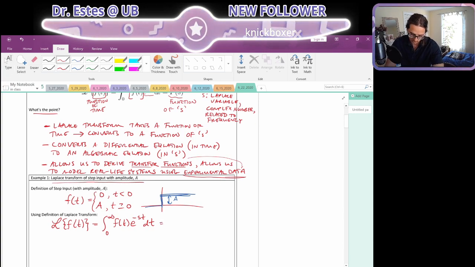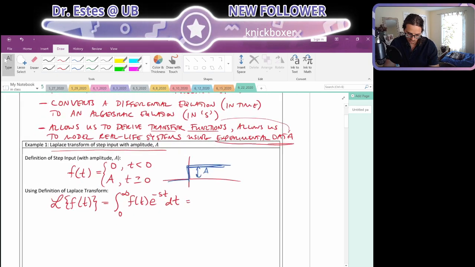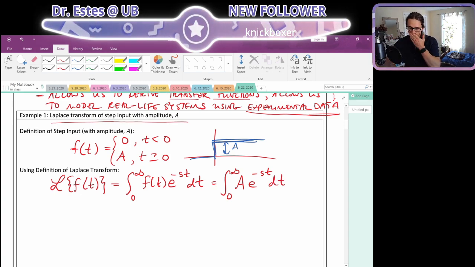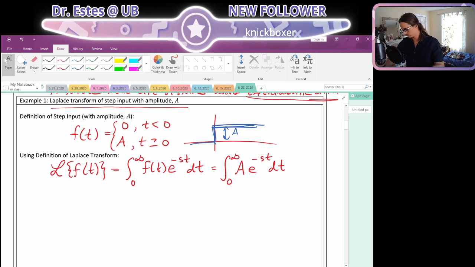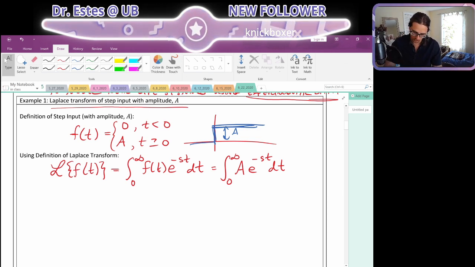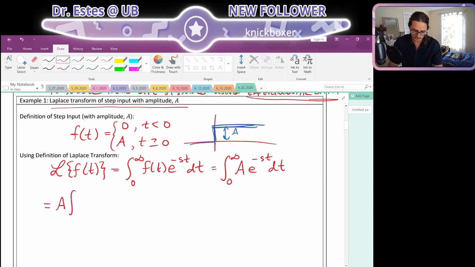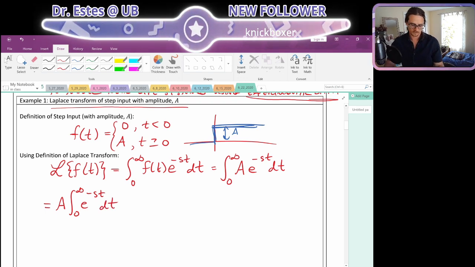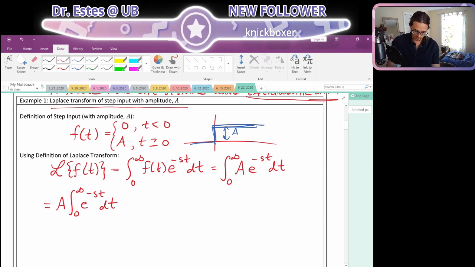So we can just substitute A for f of t, because I'm going from 0 to infinity. And we're going to do this in a couple steps. Because the A is a constant, I'm going to pull it outside of this integral. Okay, and now we'll actually take the integral.